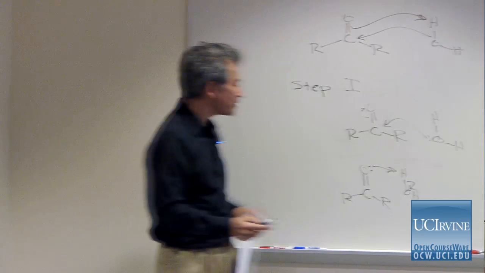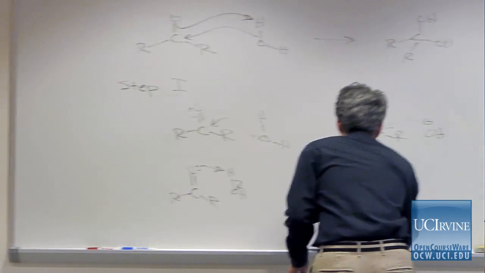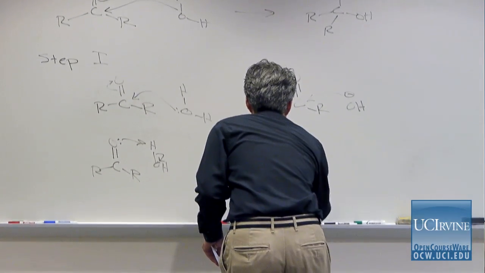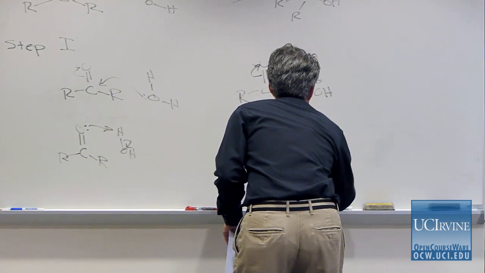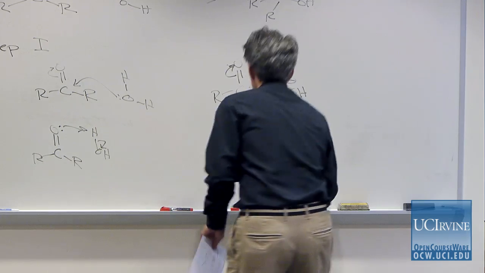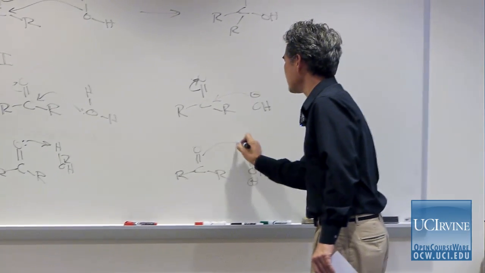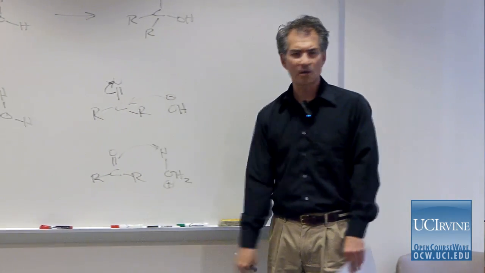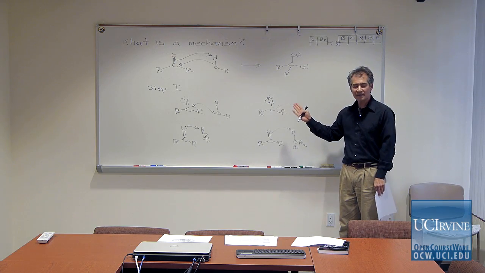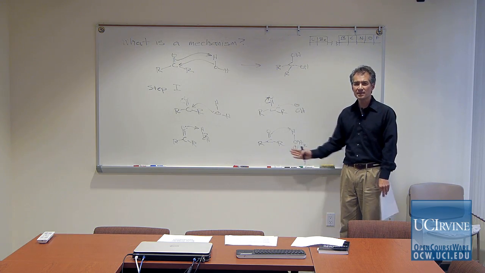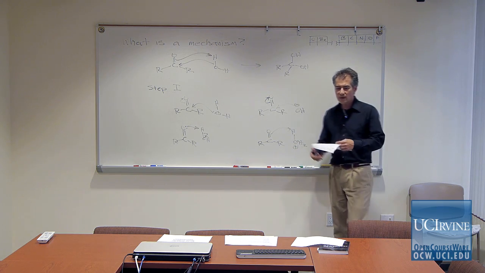And I can find other reactions that suggest that maybe I ought to use a better acid to protonate that carbonyl. Maybe something like this small amount of hydronium ion would be present in the reaction mixture and could protonate some part of that carbonyl. So when I look all around, I find all different kinds of mechanisms for a very simple reaction. And so let's try to address that problem.